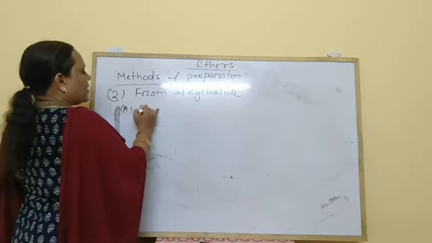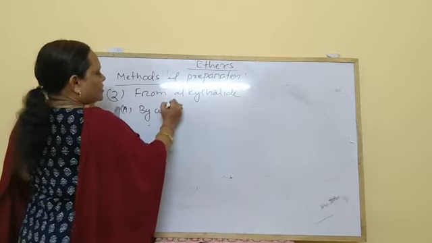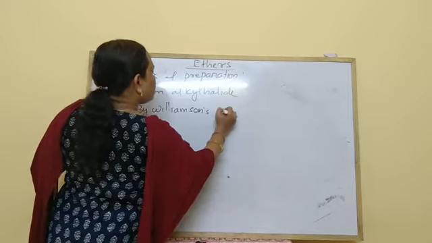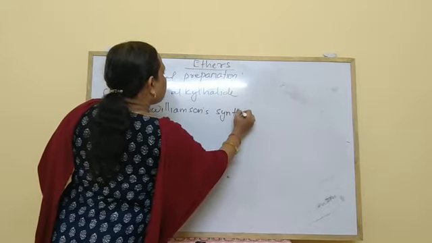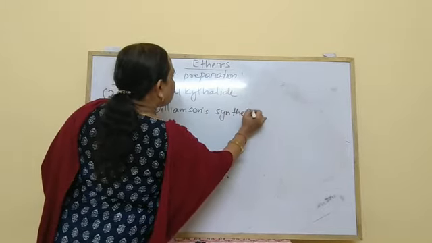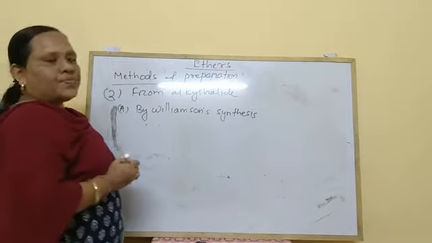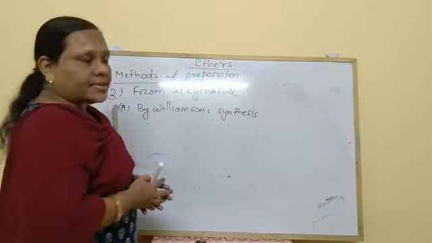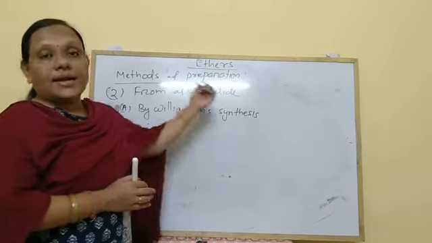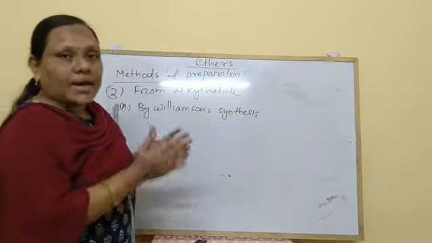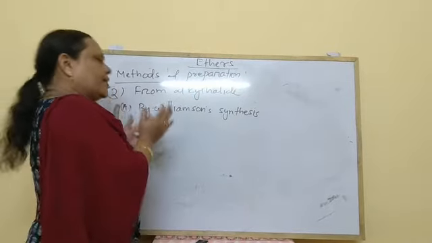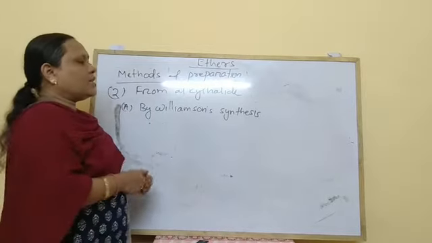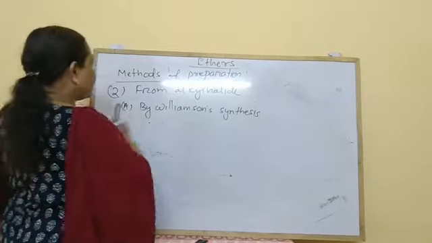One, by Williamson synthesis. So, when an alkyl halide is treated with sodium alkoxide, it forms an ether. This reaction is known as Williamson's synthesis.